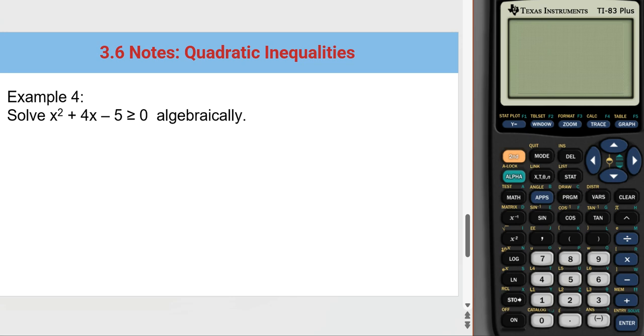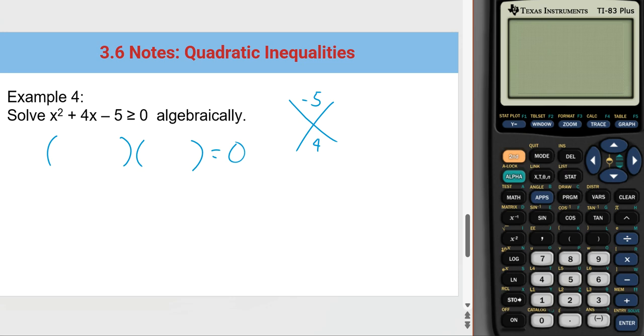Looking at example 4, again, I am going to solve this like I would an equation. Right? What multiplies to negative 5 and adds to positive 4?